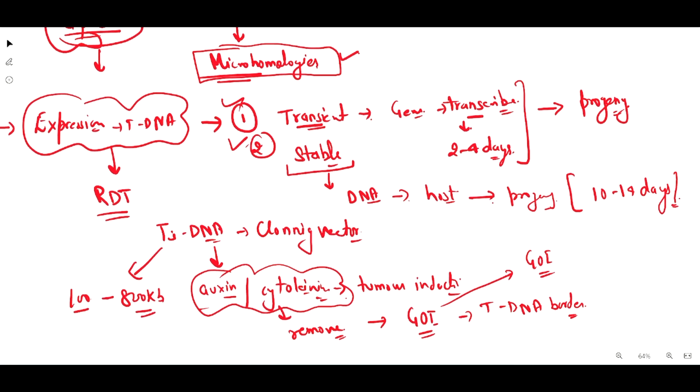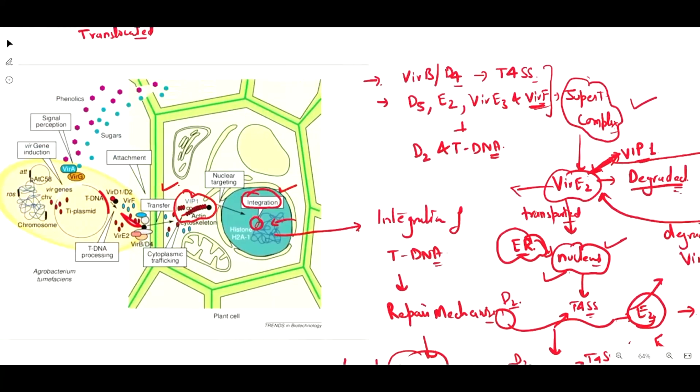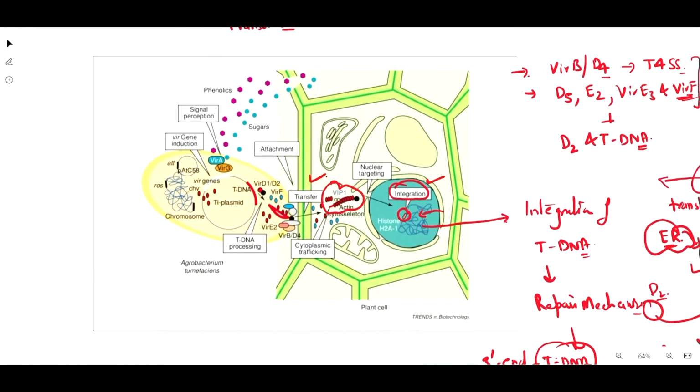So with this, our Agrobacterium mediated gene transfer mechanism is completed. We saw the first step is chemotaxis, which occurs by the wounds in the host cells, which release phenolic sugars, and those signals are taken by VirA and VirG, which act as signal perception proteins. They lead to the second VirG expression, which finally leads to the T-DNA production in the Agrobacterium tumefaciens cells.